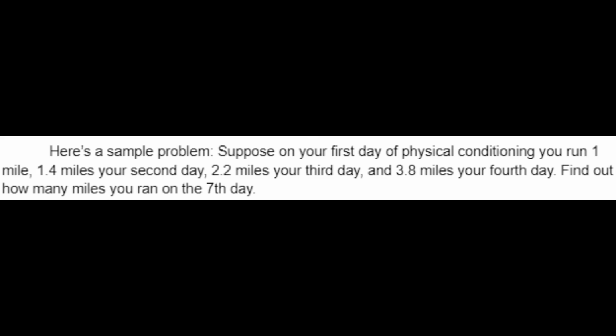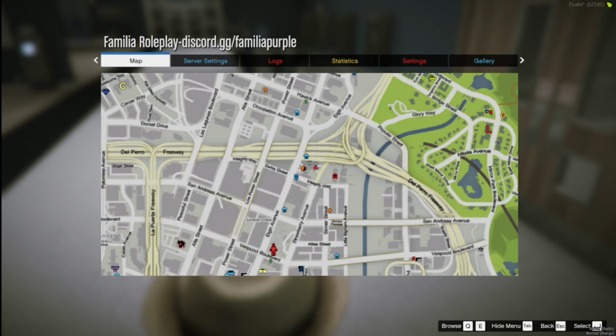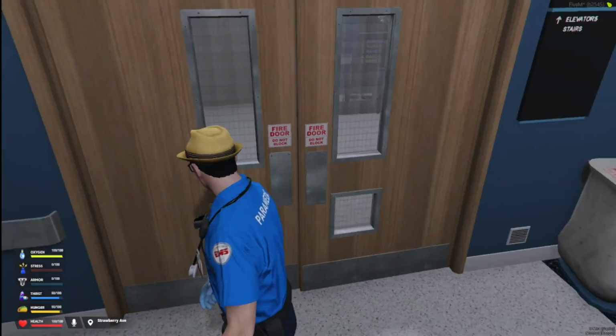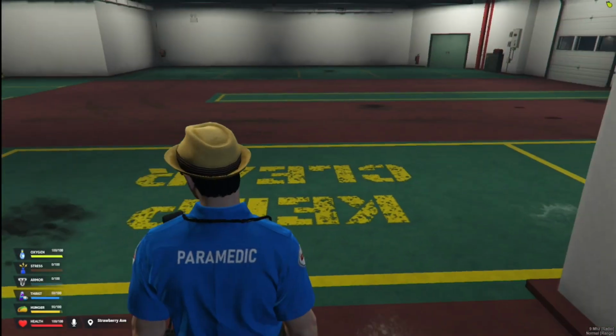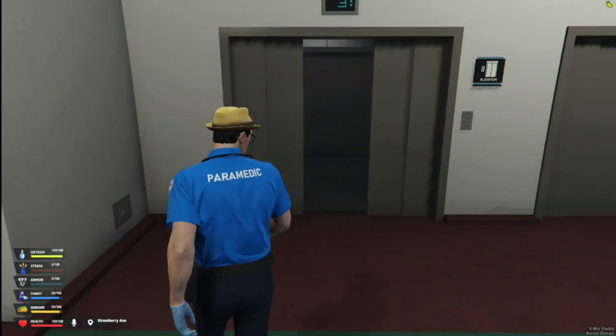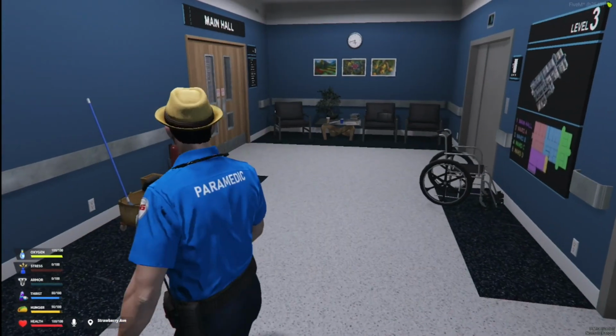Let n equal the term you want to find. In this case, it will be 7. And then determine if the pattern is halving, doubling, or tripling. I have only tested this with doubling, so that's all I know it works on. Feel free to try it with tripling and halving, but I only know for sure that it works with doubling.